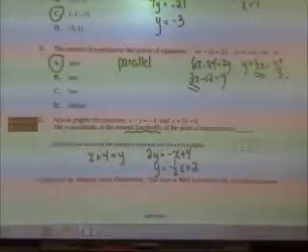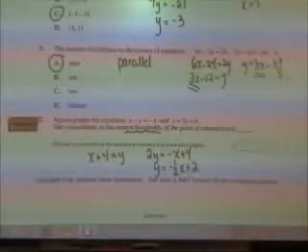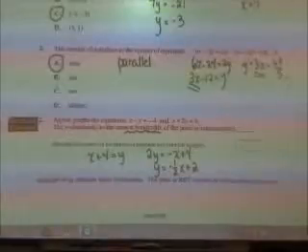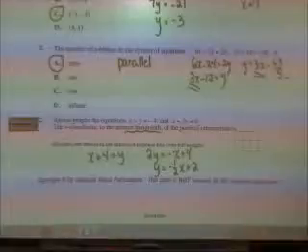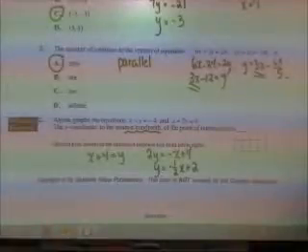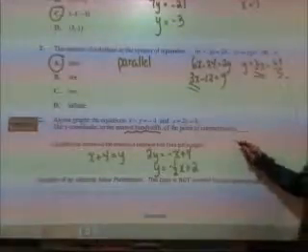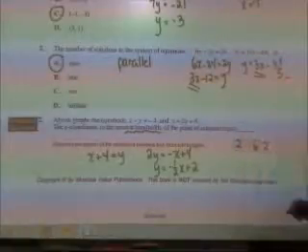I'd put those two equations into my graphing calculator, use the intersection feature, and then I would solve, and for y I would get 2.6 repeating, which becomes 2.67.